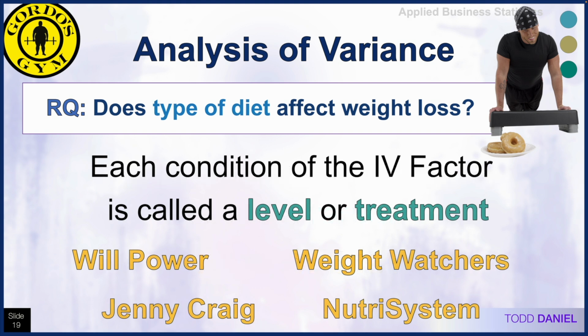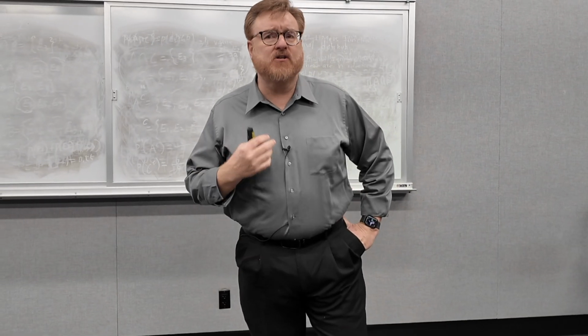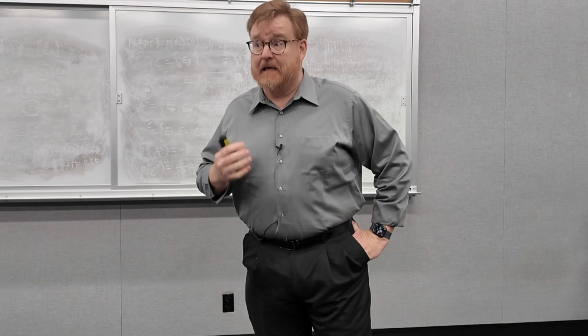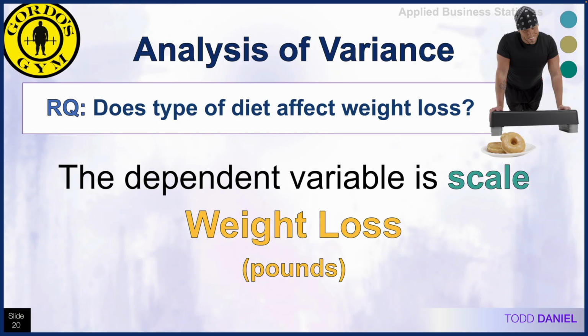Each condition of the independent variable factor is called either a level or a treatment. Each of the 4 types of diet approach is a level within our single factor in our one-way ANOVA, which is type of diet. That's our independent variable. The dependent variable has to be something that we can measure, quantify, and calculate as a mean. So the dependent variable has to be a variable that we can measure on a scale level, interval, or ratio.